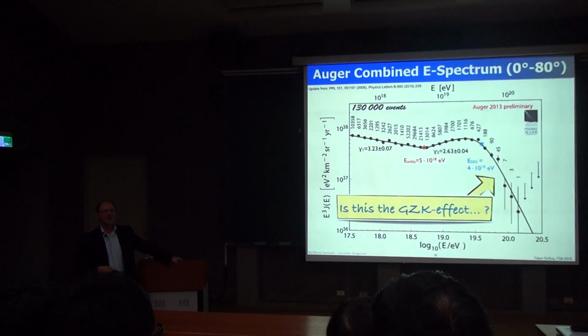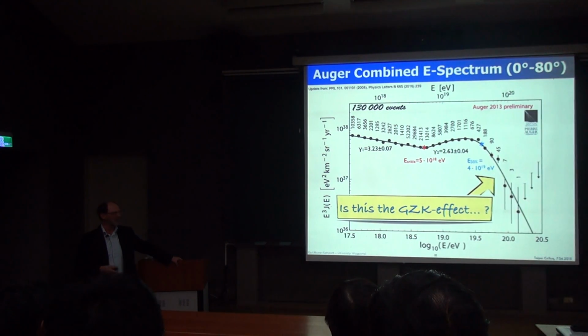And the question now is, is this the famous GZK effect? That is actually the only firm prediction ever made in cosmic ray physics about the shape of the spectrum. So the question is, is that the effect? And of course you would say yes, because of the energy. And in the following I will try to convince you that it's unlikely the case.